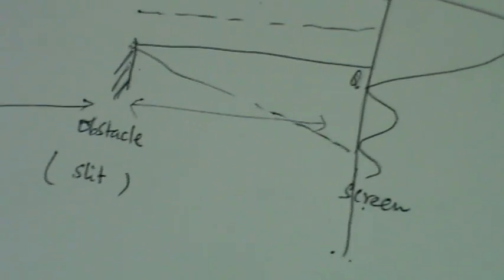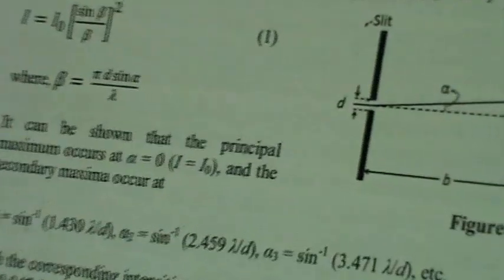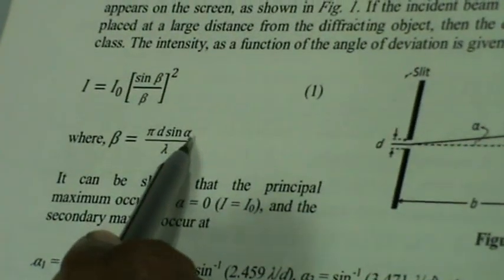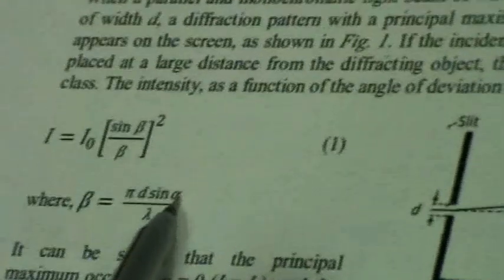If you look at this expression, the intensity of light on the screen varies as I equal to I naught sine beta by beta square, where beta is related to the alpha angle of deviation, through this relation beta equal to pi d sine alpha by lambda, where lambda is the wavelength of light.